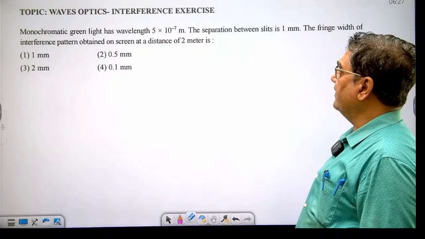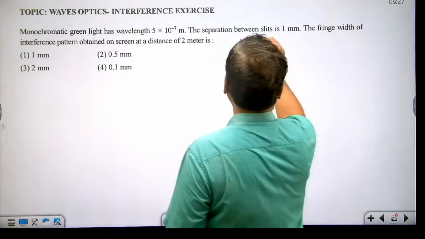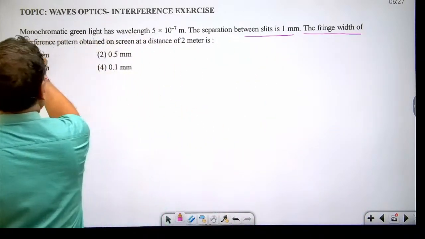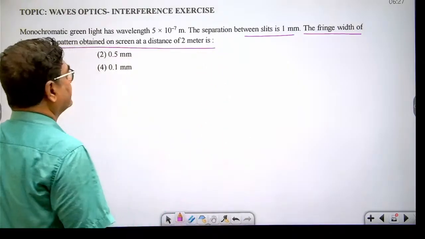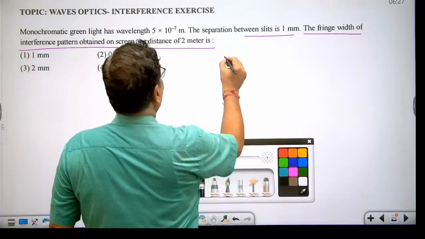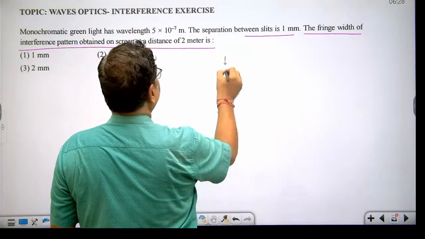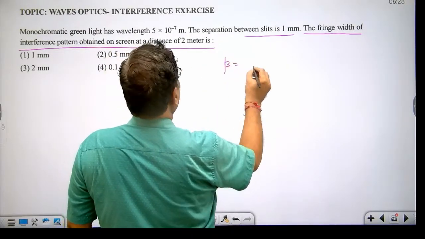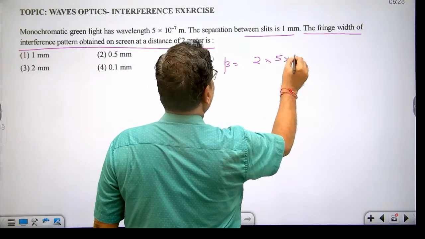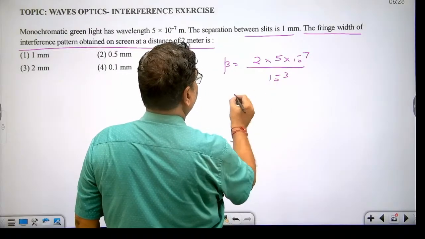Monochromatic green light has wavelength 5 into 10 power minus 7 meter. The separation between slits is 1 millimeter. What is the fringe width of the interference pattern obtained on a screen at a distance of 2 meters? Dear student, lambda is given 5 into 10 power minus 7 and formula for fringe width is D lambda upon d. D is 2, lambda is 5 into 10 power minus 7 and small d is 1 millimeter.